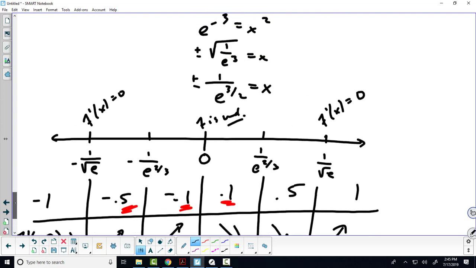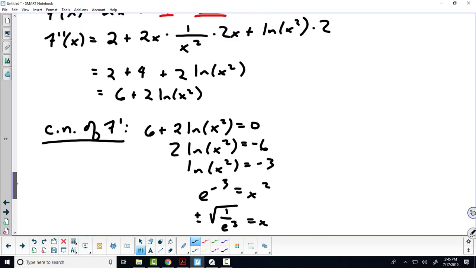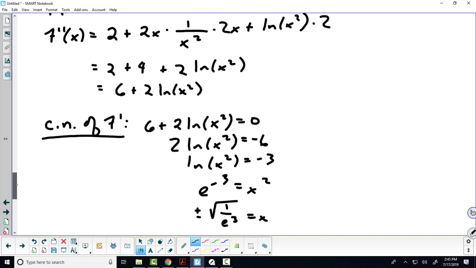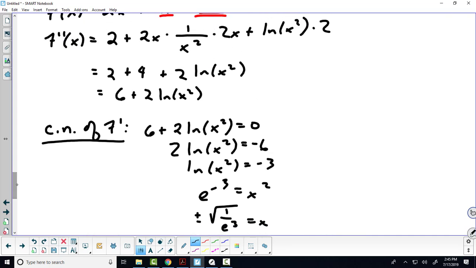So let's see here. We go up to our second derivative. Usually you want to do this in factored form, although you don't have to. I guess I never factored the second derivative. But if we plug -1 into the second derivative, we can determine the concavity.